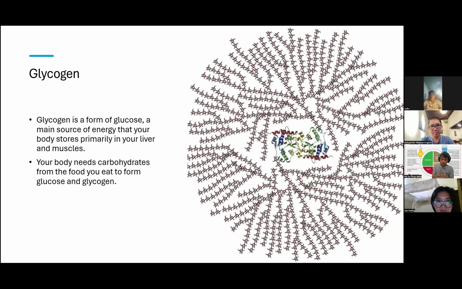Your body needs carbohydrates from the food you eat to form glucose and glycogen. And glycogen is the thing that makes food hold its form. People normally use it to make jelly.